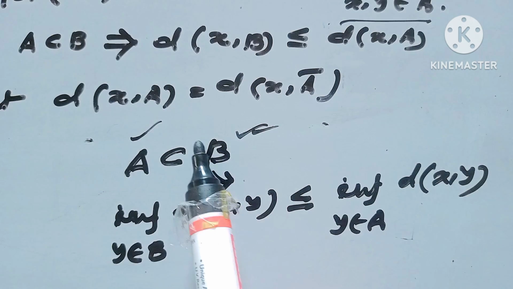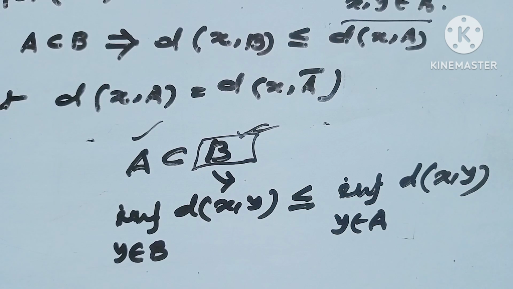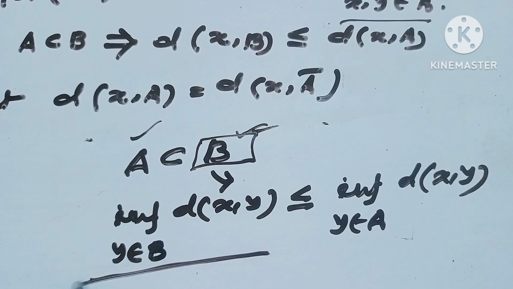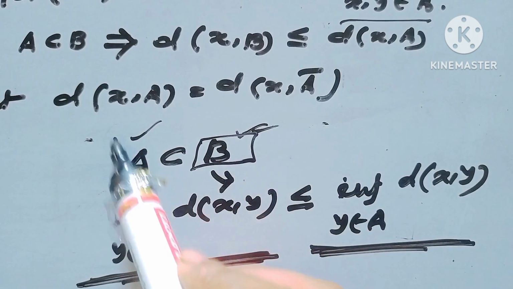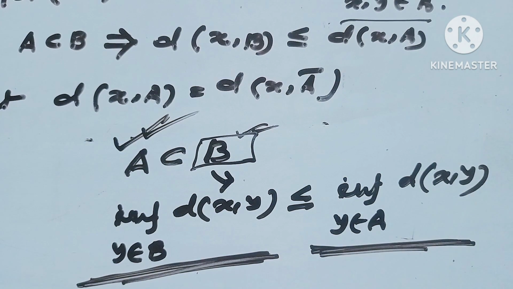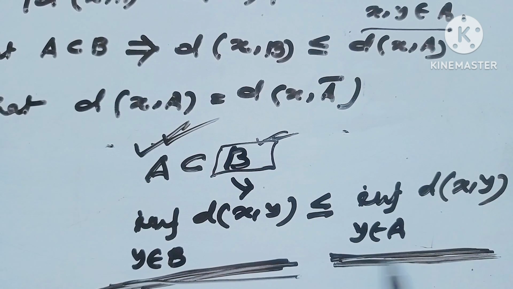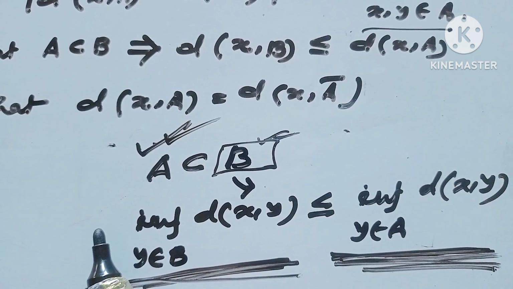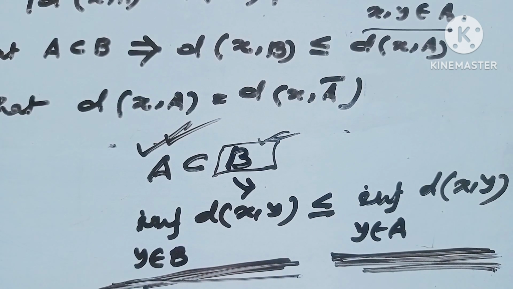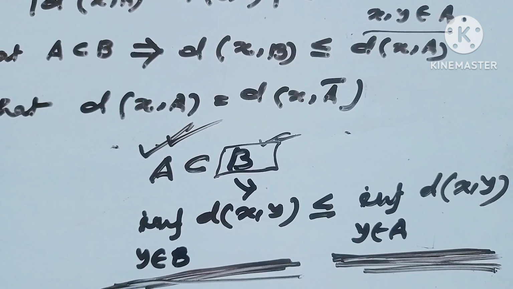since A contains B, that means A is the big set. So the infimum distance over this part is always less than or equal to this distance. I hope all my viewers have understood. Okay, so the infimum of the biggest set is always less than or equal to the infimum of the smallest set. If this were the supremum, then the supremum of the biggest set would always be greater than or equal to that of the smallest set.